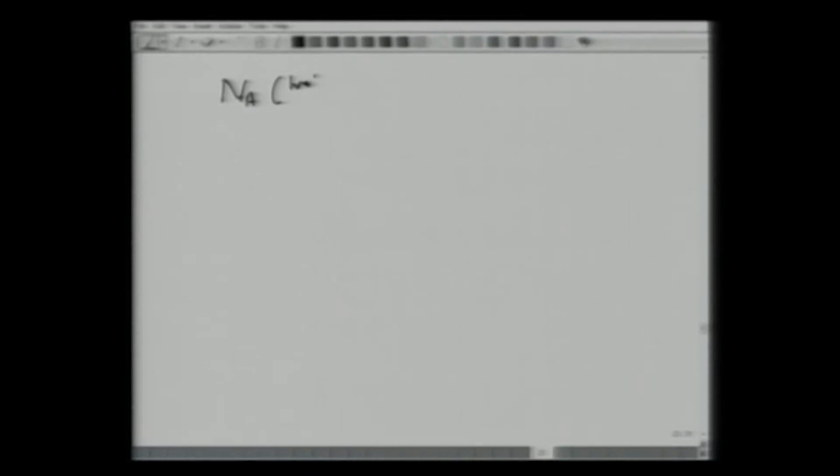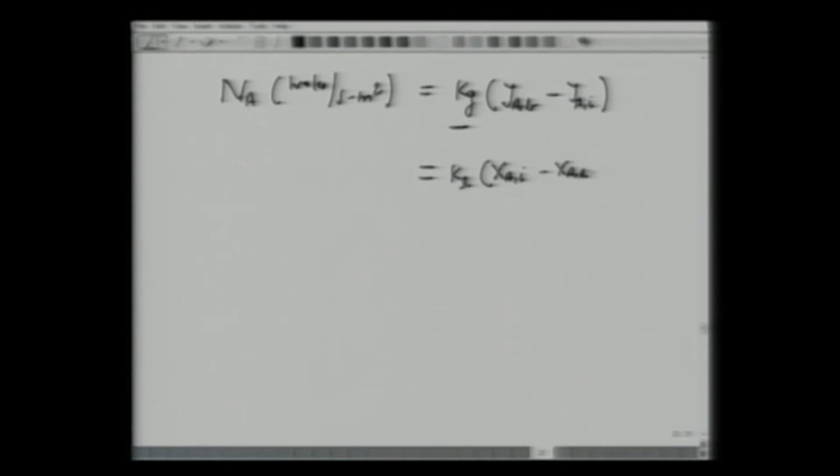We can write Na, moles per second per meter square, equals Kg, the mass transfer coefficient in the gas phase, times what we wrote earlier, the mole fractions of A in the bulk phase, YAB minus YAI. So this is your Na. Under steady state, this diffusion flux will also be the same as KL times XAI minus XAL in the bulk liquid phase.